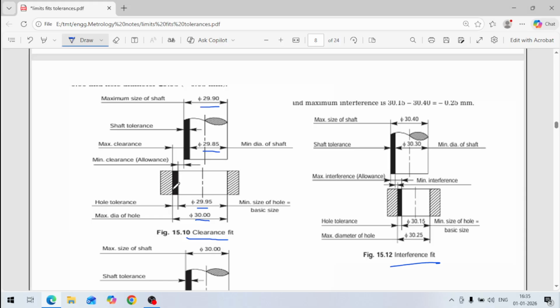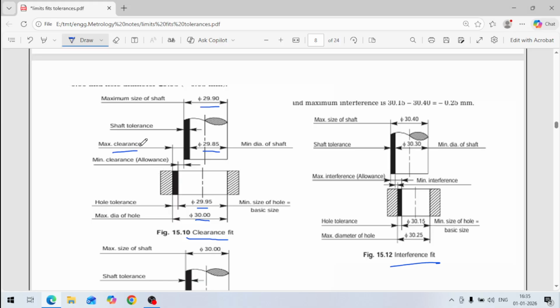Now we need to find how much the clearance is between the hole and the shaft. There are two things: one is maximum clearance, the other is minimum clearance. Maximum clearance means the minimum size of the shaft and the maximum size of the hole.